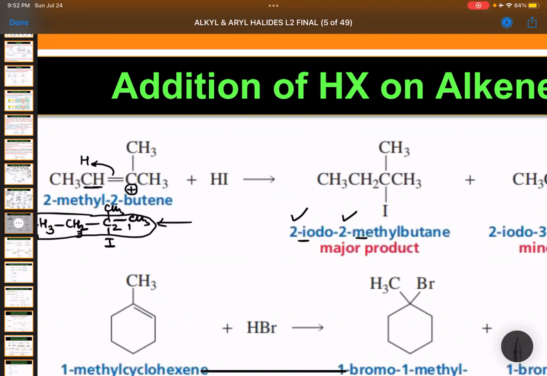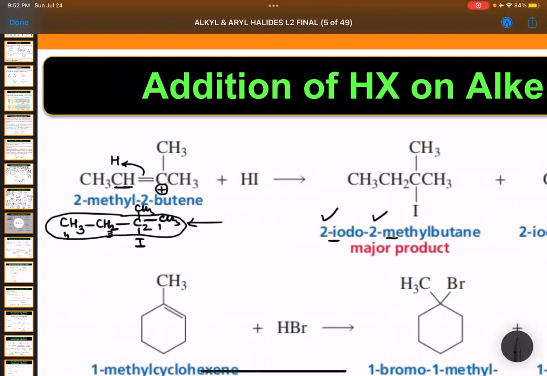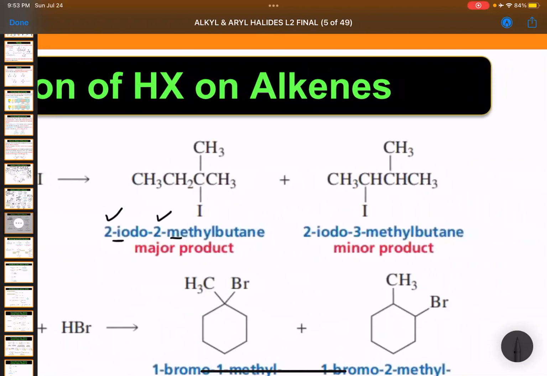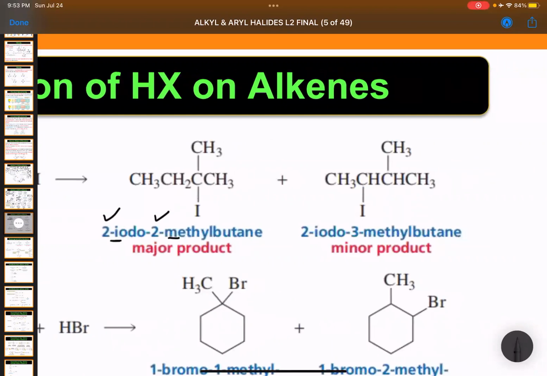Okay, that is the major product, and this is the product which is formed by considering the stability of carbocation. Then you attach the I minus on the more stable carbocation. So it is the Markovnikov product, the product formed by Markovnikov rule. On the other hand, this is the anti-Markovnikov product.